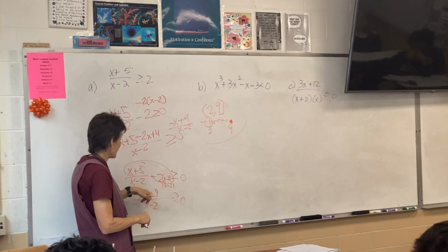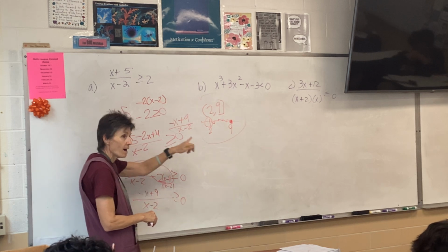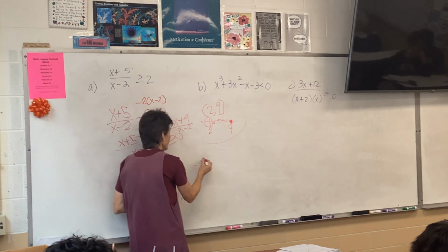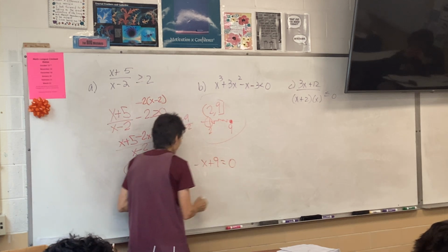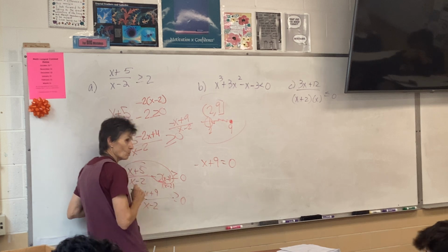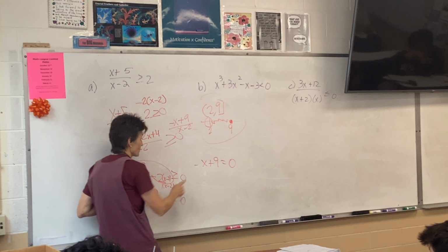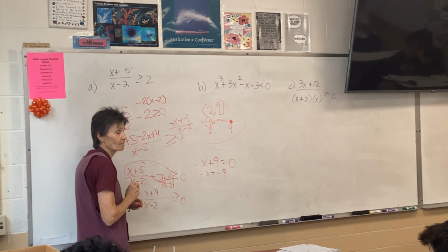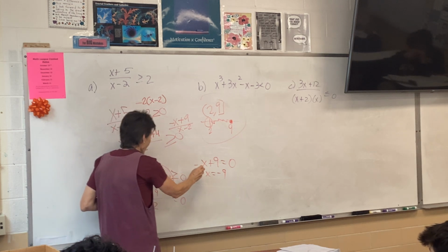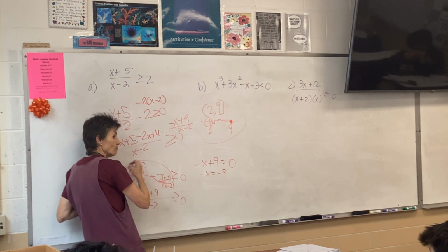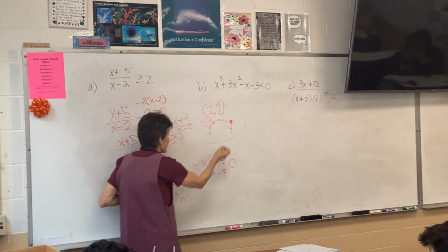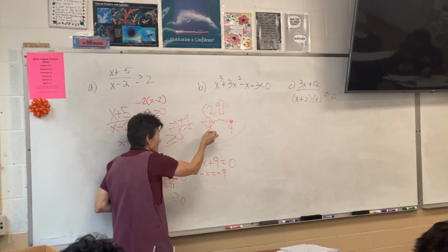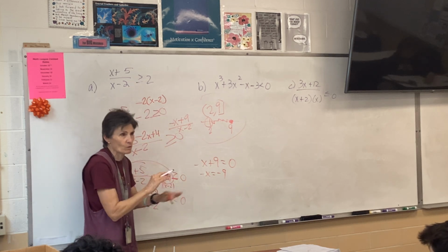So then they went to the number line, and they put a dot at 2 and a dot at 9. The reason the dot goes at 9 is a little confusing, I get it. But you need to put a dot wherever the numerator equals 0. That's where the dot goes. So negative x equals negative 9, x equals 9. That dot came from the numerator, so it is solid. The dot that came from the denominator is never solid.